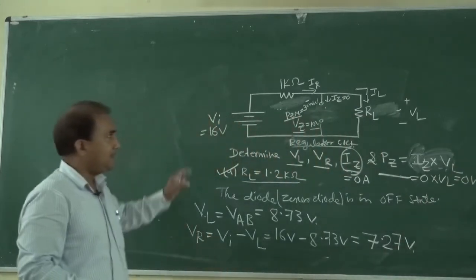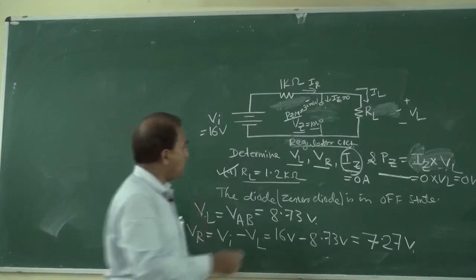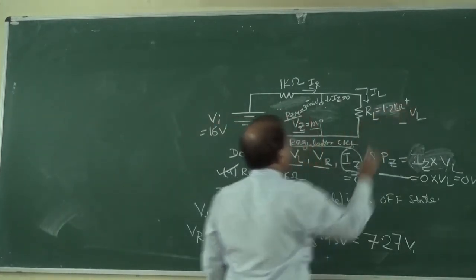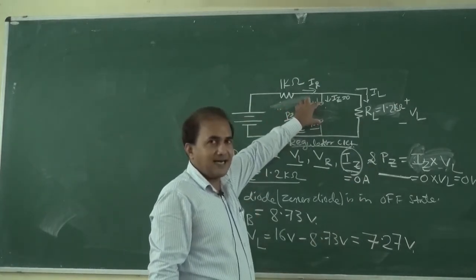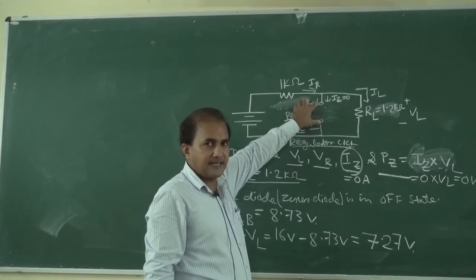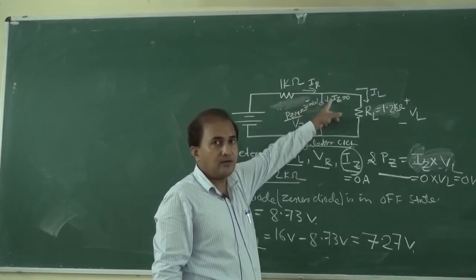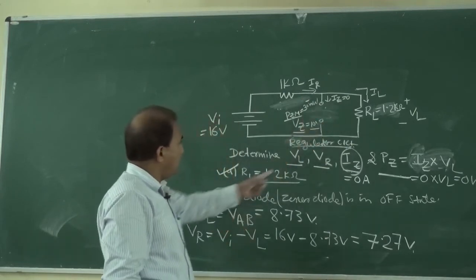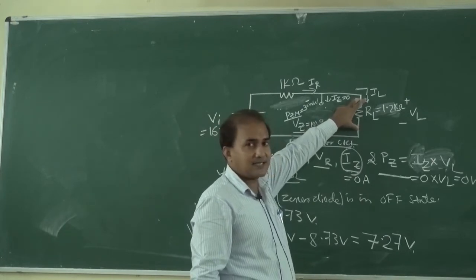Okay. So when RL is equal to 1.2 kilo ohm, in that case this Zener diode is in off state. Off state means IZ is equal to 0, PZ is equal to 0, and VL is the voltage drop across this RL.